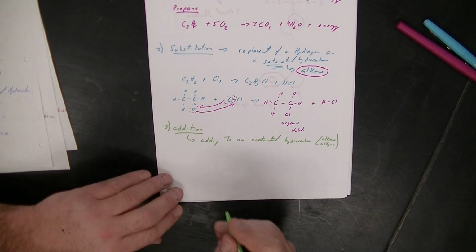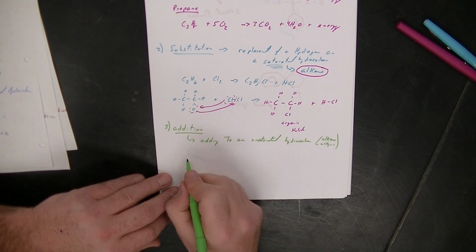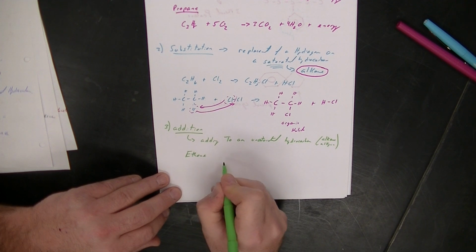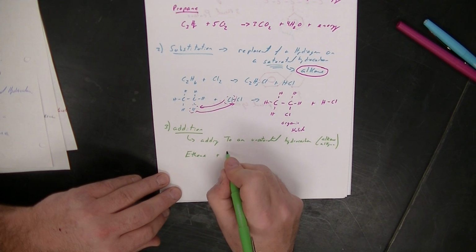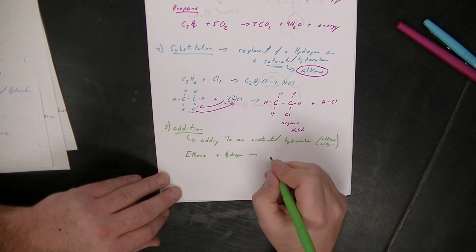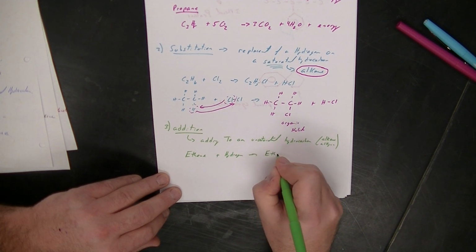We're going to do a couple here. So let's say, I don't know, let's say we have ethene, and we're going to add hydrogen, and it actually produces ethane.